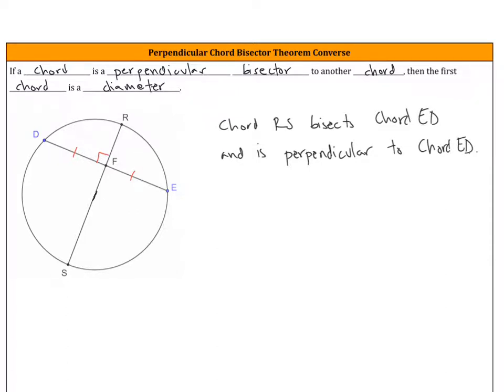And if this is true, if a chord bisects another and it is also perpendicular to the same one, then the original chord that was doing the bisecting is actually a diameter. So we're not going to see any examples for this particular theorem, but I thought it was pretty important that we knew that we could also use this to prove if a chord was a diameter, if we weren't sure just yet.